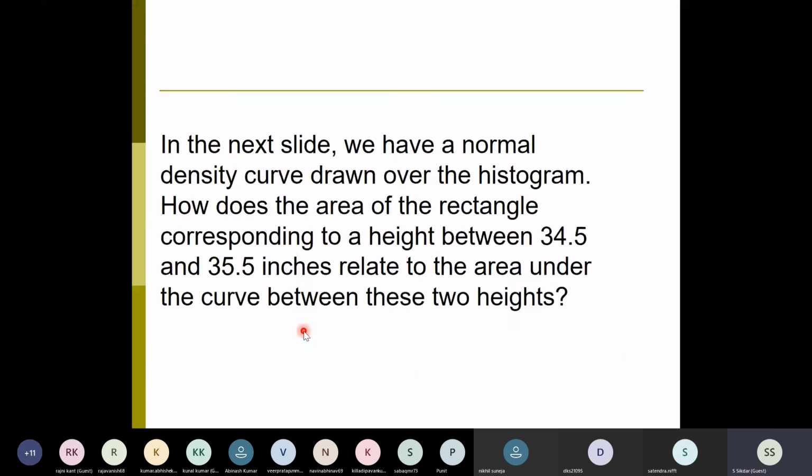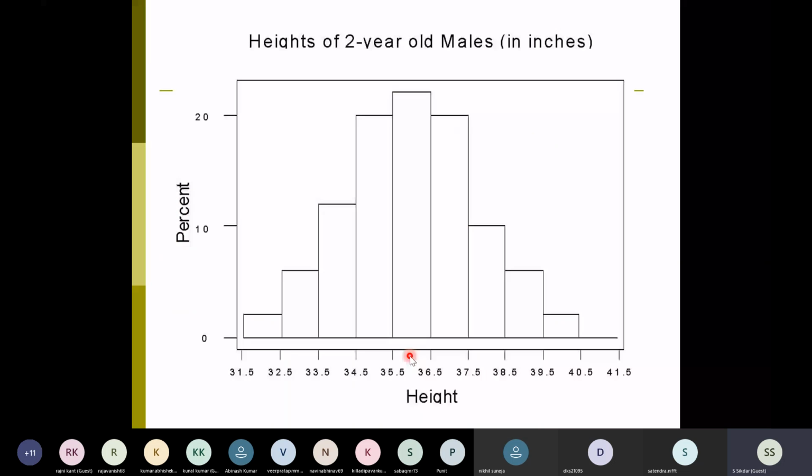How does the area of the rectangle corresponding to a height between 34.5 and 35.5 inches relate to the area under the curve between these two heights? The question is that in between 34.5 and 35.5, it is this.